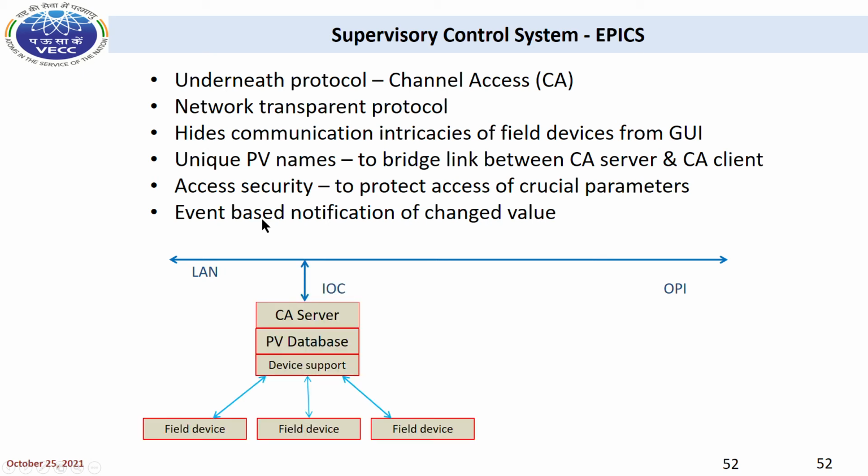EPICS uses client server and publisher subscriber techniques to communicate between server and client. Here the servers or hosts are called the IOCs. This is the input output controller.